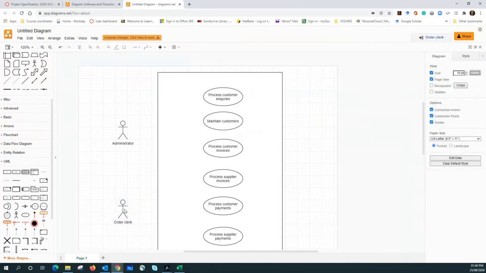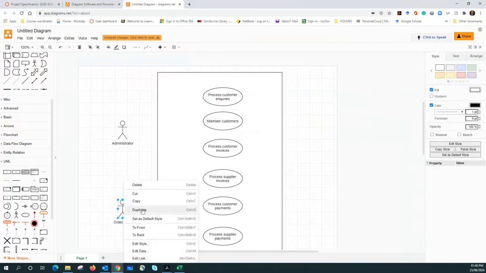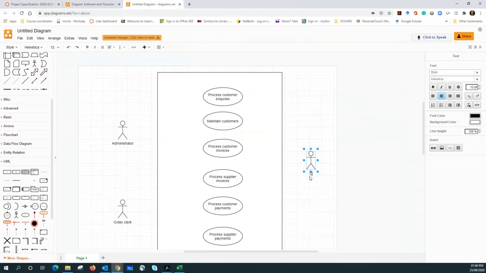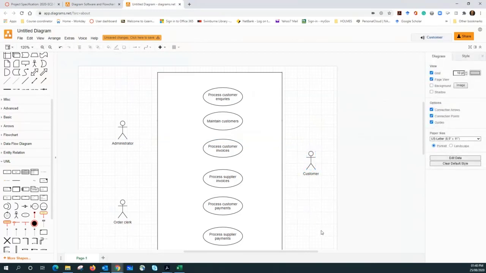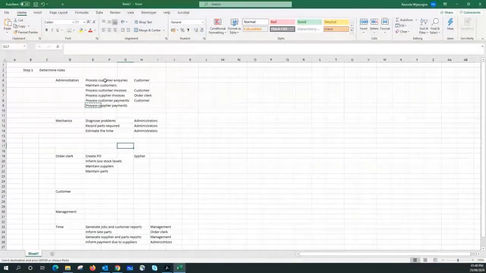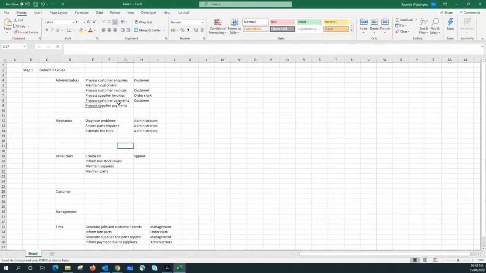And then I can duplicate again, the customer. I will place it here. Customer. Right. So basically the administrator can access all six use cases, right?